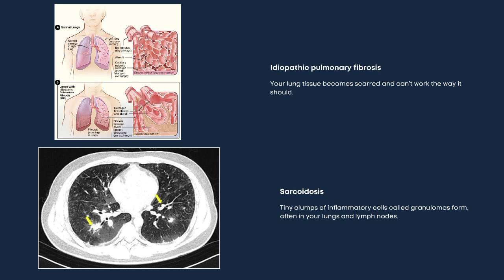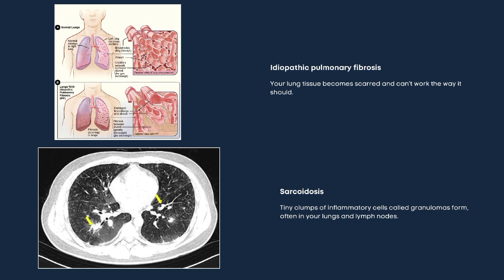It's not clear what causes it, but it usually affects people who are around 70 to 75 years old, and it is rare in people under 50. Several treatments can help reduce the rate at which IPF gets worse, but there's currently no treatment that can stop or reverse the scarring of the lungs.